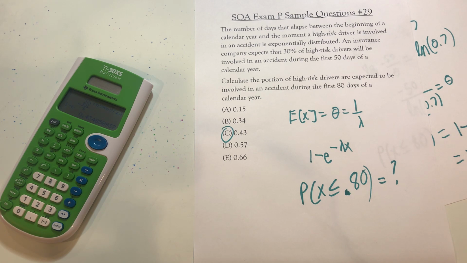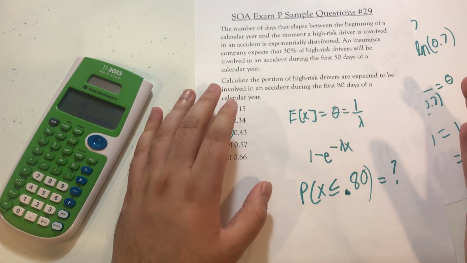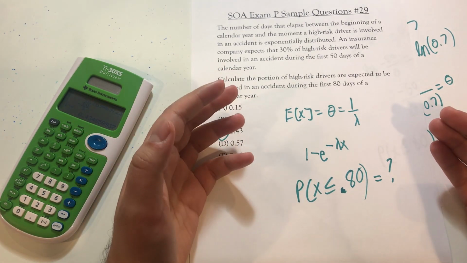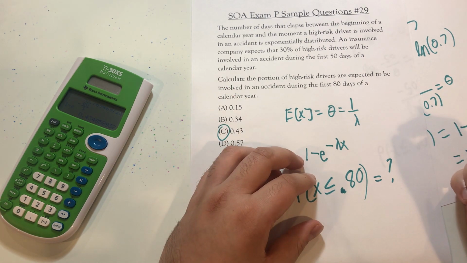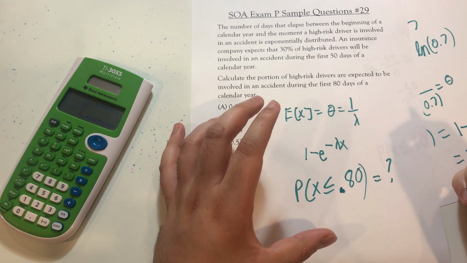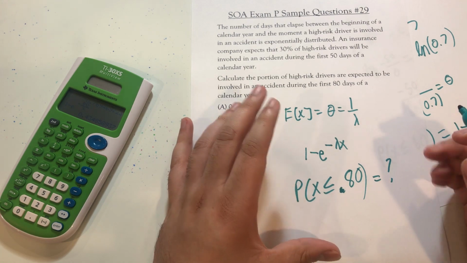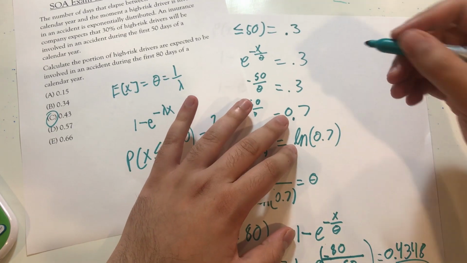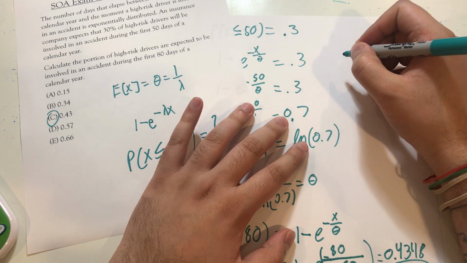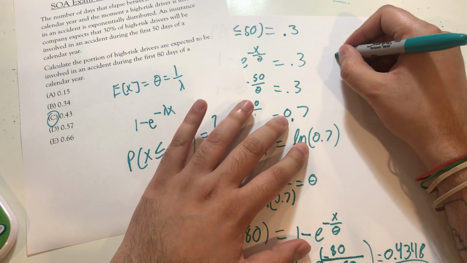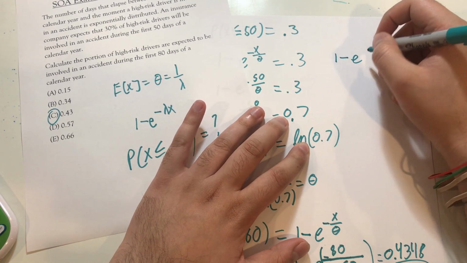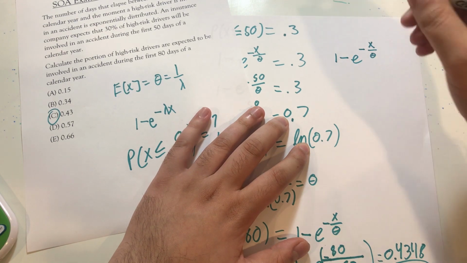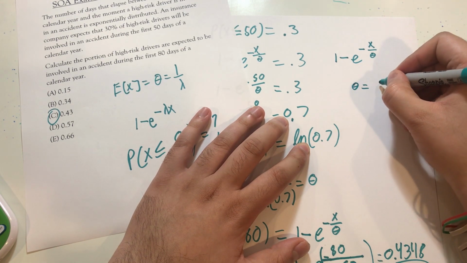You might see some books not talk about memorizing the CDF, just the PDF, because technically you should be able to derive the CDF by integrating the PDF, but it's much more helpful and much quicker just to have this memorized. So the cumulative distribution function for an exponential random variable is the following: 1 minus e raised to the negative x over theta, where theta is the expected value.